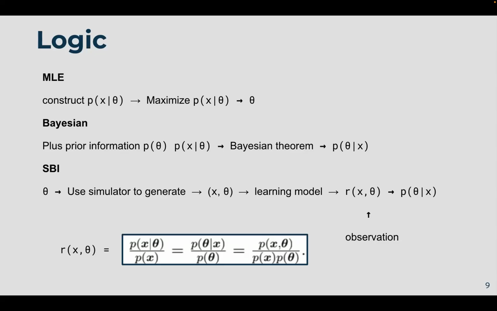So we can do the computation for the right part from our simulated data. And in other words, it also means we are learning the left part, the likelihood ratio.